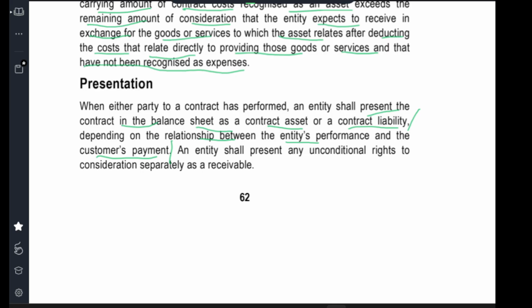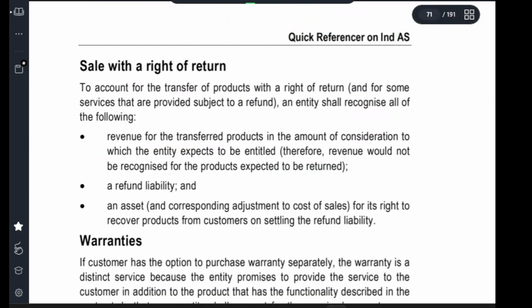If I have done the work and have to receive the money, it is a contract asset. The entity shall present any unconditional rights to consideration separately as a receivable. Sometimes, for example with software, I have completed it but I have yet to receive payment. So it is an unconditional right to receive the payment, and then you should have a receivable. That is what is said about presentation in the balance sheet.